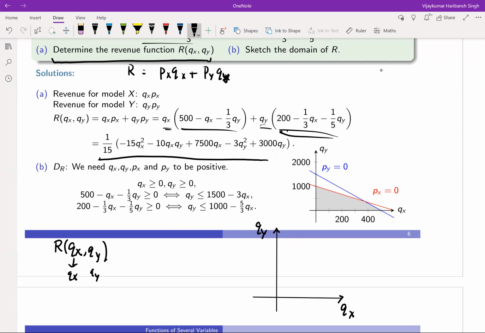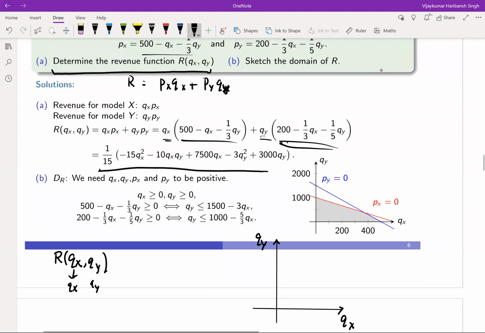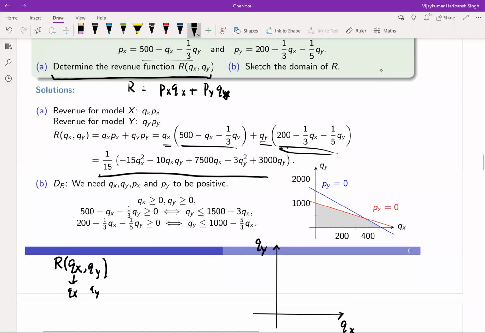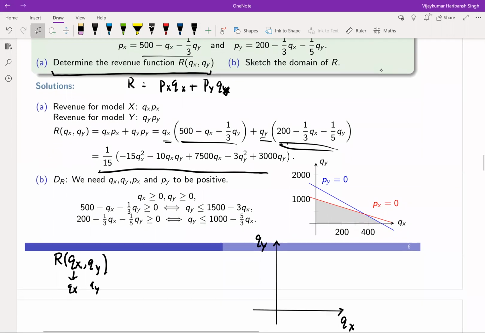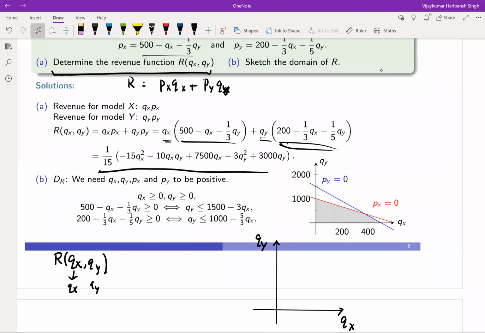We need that all of these quantities, even though this is well defined, we need from the real life scenario, we see that QX has to be greater than 0 and QY has to be greater than 0, right? Greater than or equal to 0. So when you solve for it, you get 500 minus QX minus 1 by 3 QY has to be greater than or equal to 0, because this is your PX.